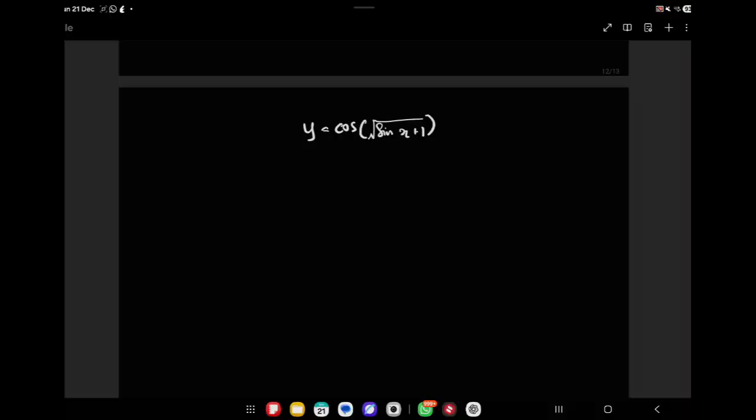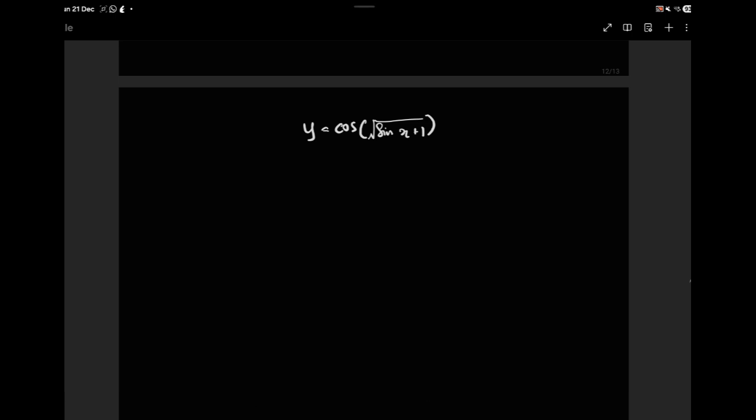Let's look at this question. As you can see, we only have one term, but this one term consists of two functions, if you look at it closely. We have a cos, usually cos x, but now we have cos and the x being substituted with another trigo function.